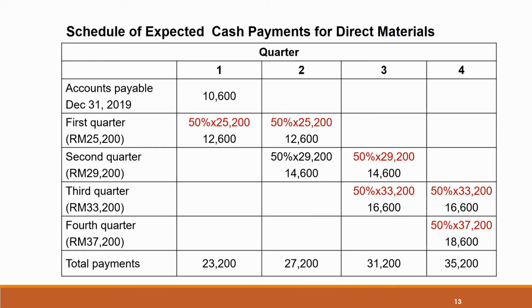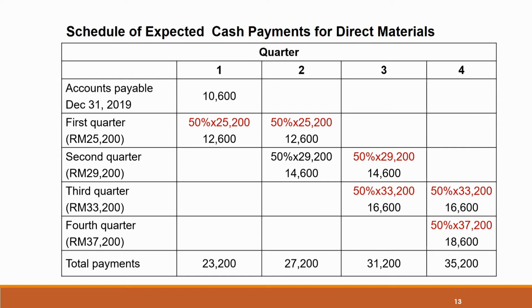So based on the question, we will pay 50% in the current quarter and 50% in the following quarter. So you have to calculate 50% from the first quarter purchase of direct material, 25,200, and you get 12,600. And we will pay for the following quarter, the second quarter, 50% times 25,200, and you will get 12,600.